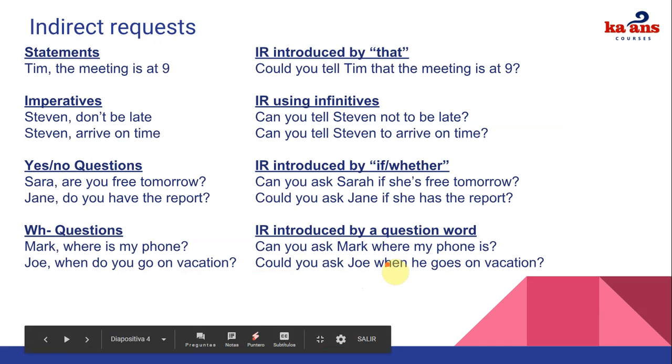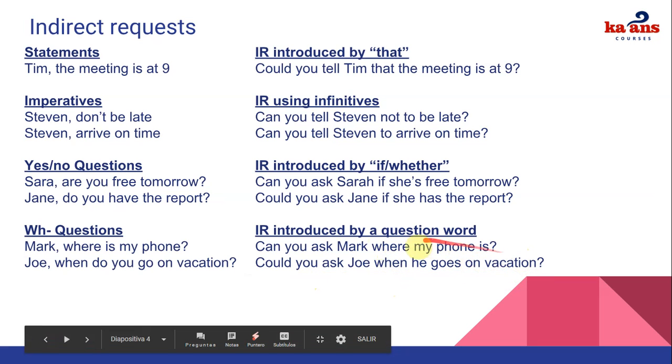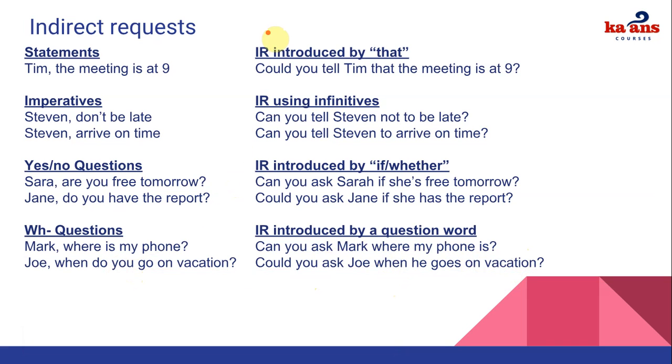We're going to have the question word, and then just like a statement, when he goes on vacation. You don't need to make it into a question, like could you ask Joe when does he go on vacation? No, when he goes on vacation, like a statement. Okay, where my phone is.